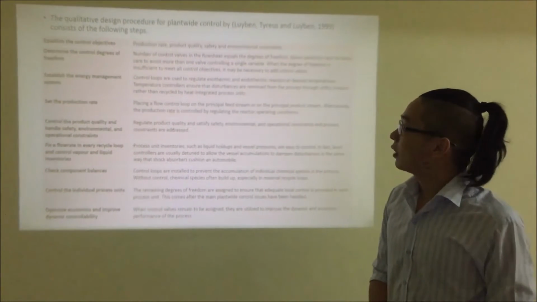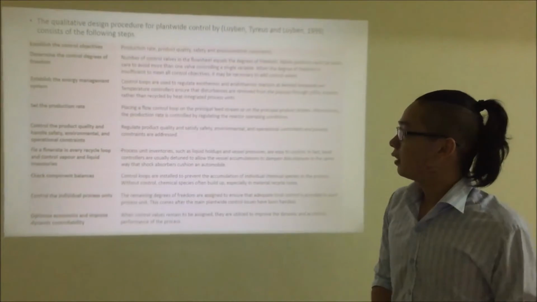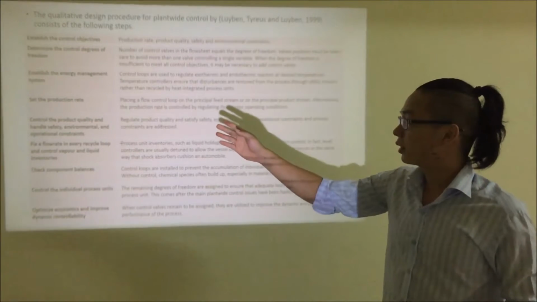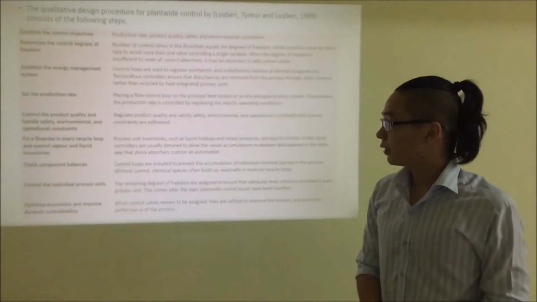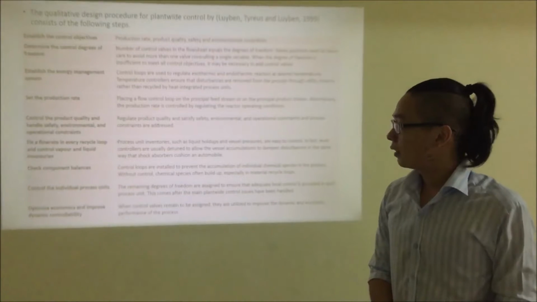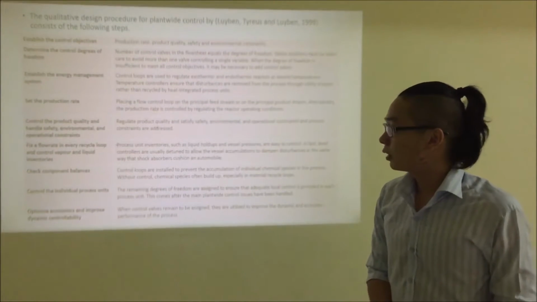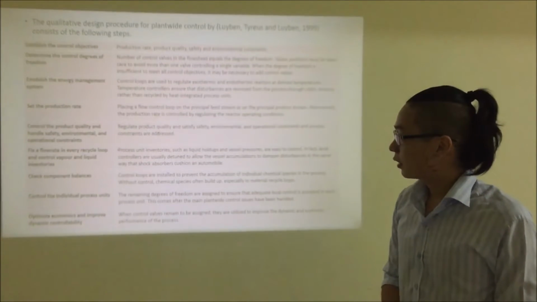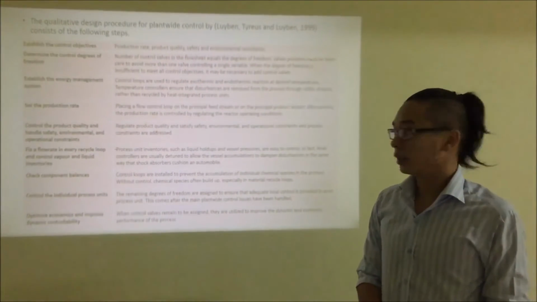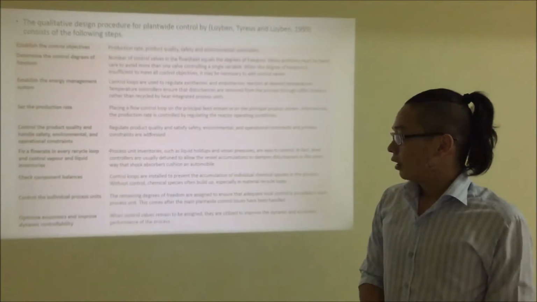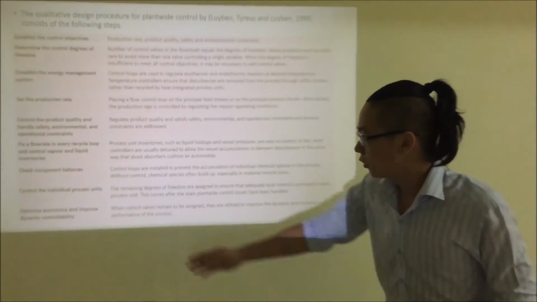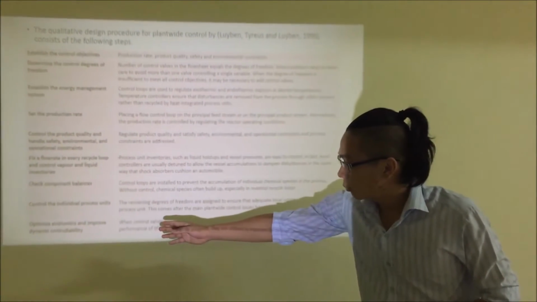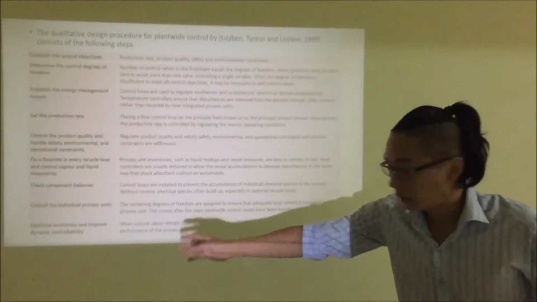The steps in the design procedure are: determining the control degrees of freedom, establish the energy management system, set the production rate, control the product quality, handle safety, environmental and operational constraints, fix the flow rate in any recycle loop, and control vapor and liquid inventories, check the component balance, control the individual process units, and optimize economics and improve dynamic controllability.